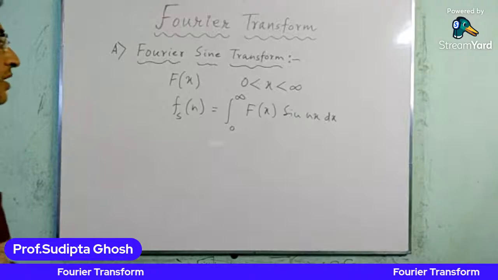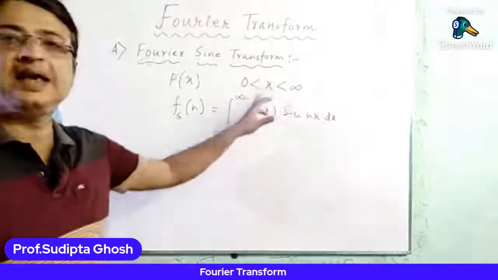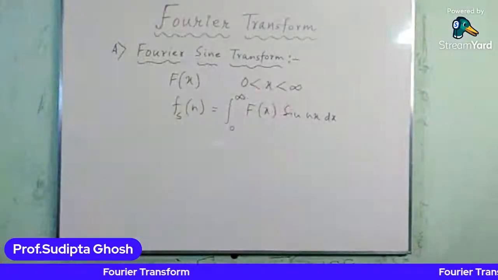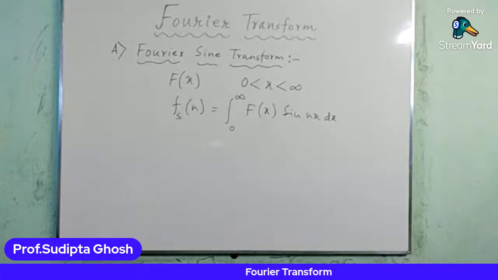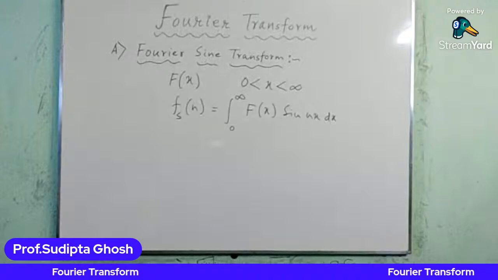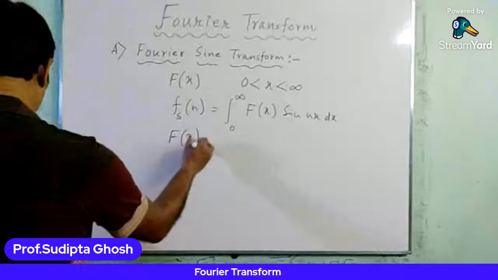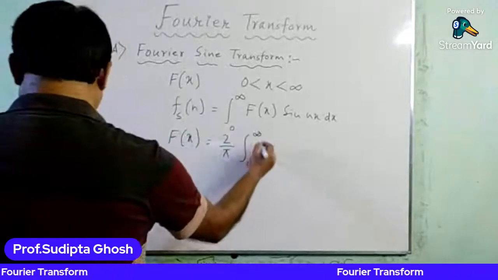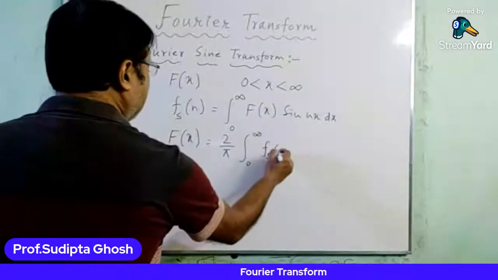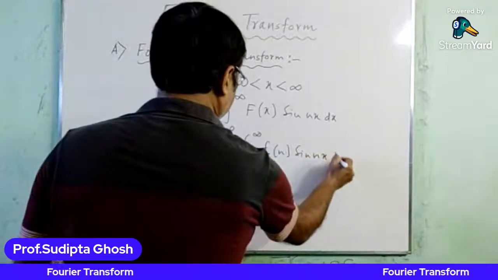So if we want to calculate this capital F(x), then we have to go through the inverse Fourier sine transformation, and that will be capital F of x equals 2 by pi integral 0 to infinity Fs(n) sine nx dx.